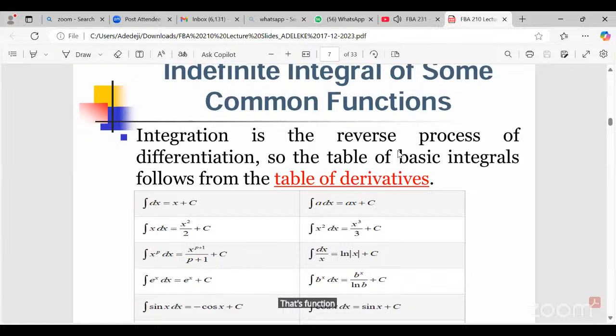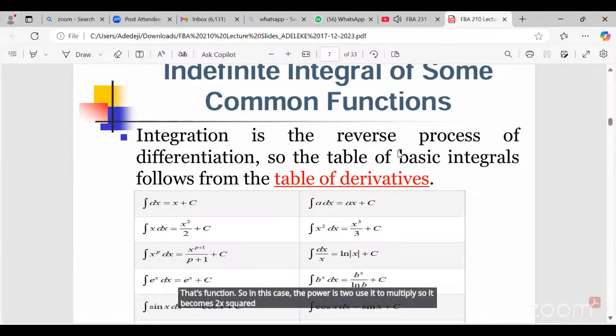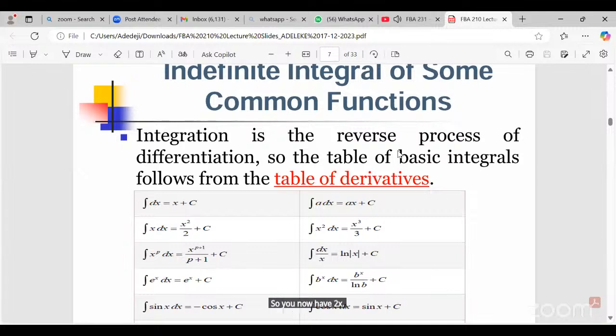In this case, the power is 2, so it becomes 2x squared, and then you reduce the power by 1, so you have 2x to the power of 2 minus 1. So the differential of x squared with respect to x becomes 2x.